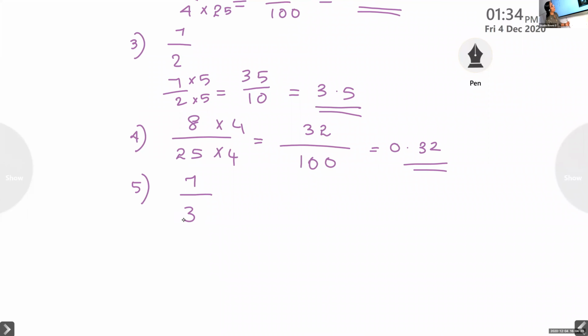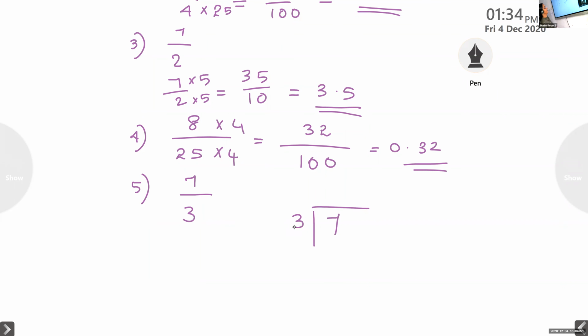We cannot multiply any number to make it as 10, 100, 1000, etc. Can you multiply 3 to some number to get 10? No, ma'am. Or can you make it as 100? No, ma'am. Can you make it as 1000? No way. In that case, you directly divide it.